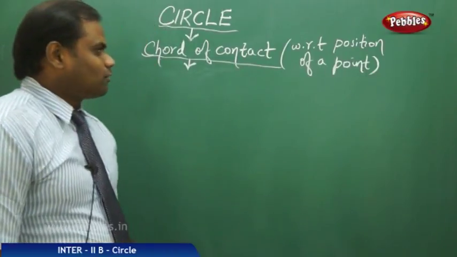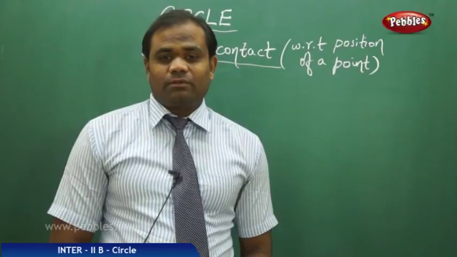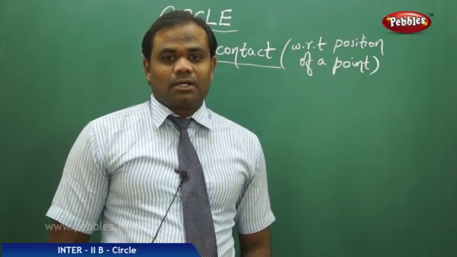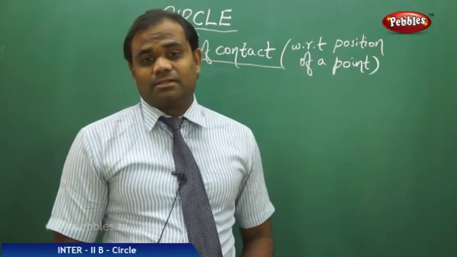So let's connect the chord of contact with the position of a point. We know that the position of a point has three cases: the point outside the circle, the point on the circle, and the point inside the circle.